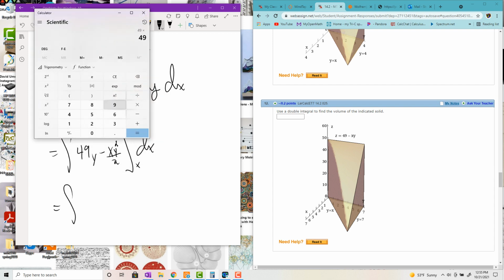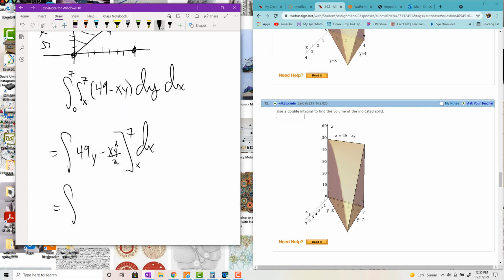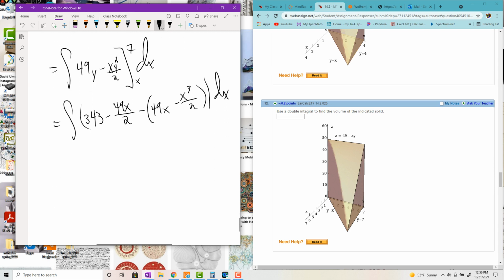That's my guess. 343, yeah, something like that. 343 minus 49x all over 2 minus 49x minus x cubed all over 2 dx. I think 49 minus, put in x squared times x is x cubed.